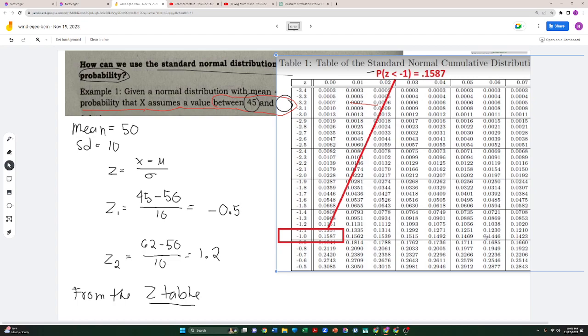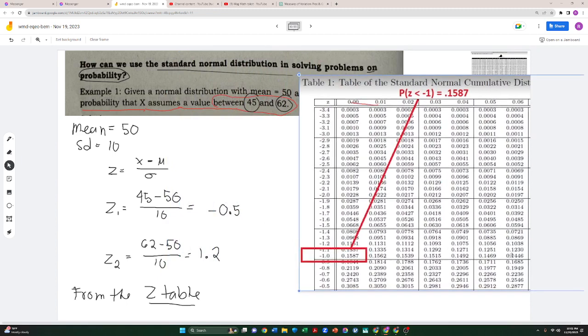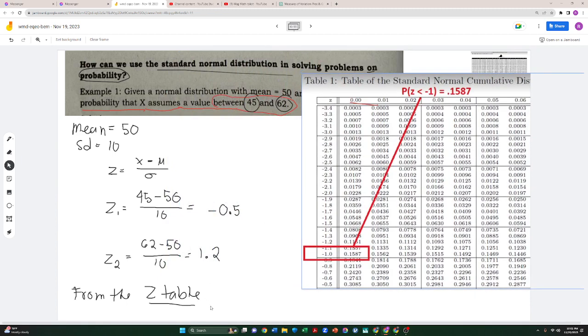Okay? Maklaro ba? So sa z table, we already know our z1, unsay equivalent niya. The presentation is P of Z less than negative 0.5, which is approximately, okay?